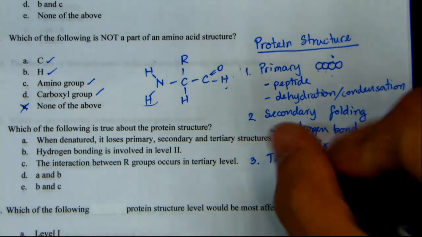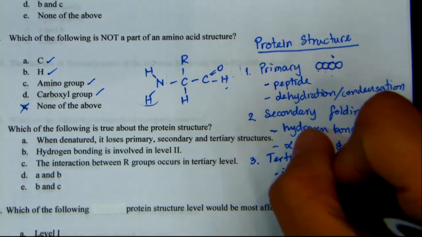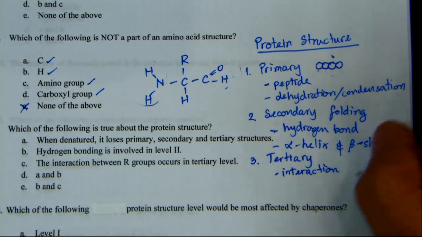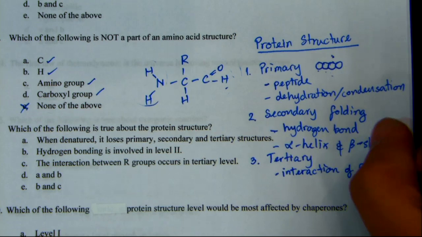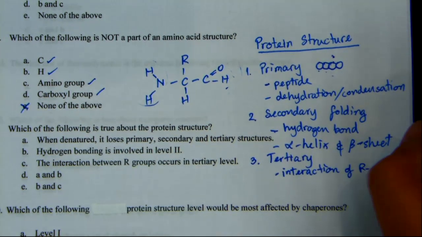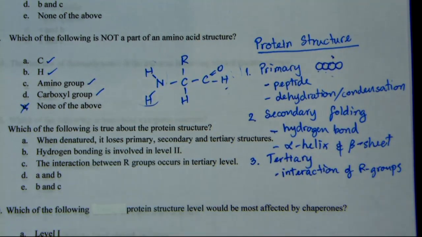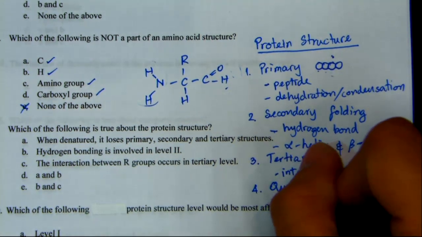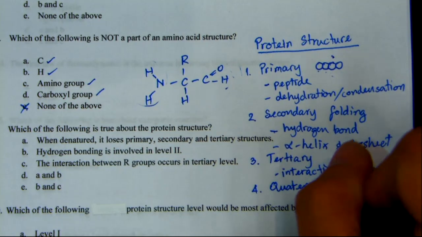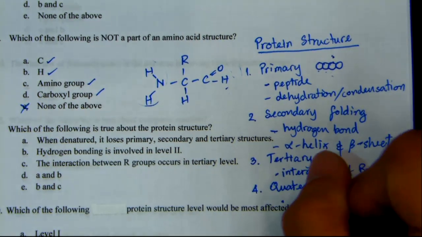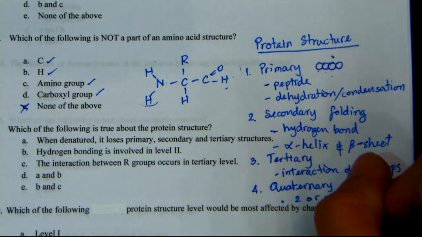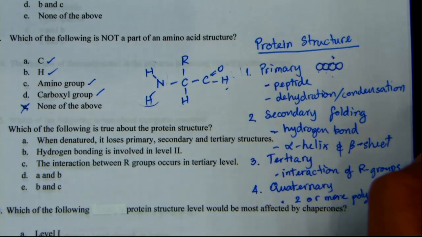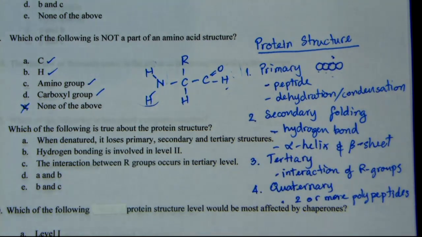So I'm just going to put interaction, R groups, okay. And the last one is quaternary. It's just when you have two or more polypeptide. Okay.